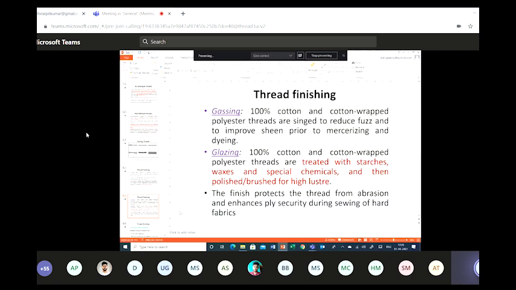So even for stitching tarpaulins, they used heavy cotton threads, and they applied some finishes against abrasion. The starch will protect the thread while sewing. Otherwise, the fabric is very hard, and while sewing, because of the abrasion between the thread and the fabric yarns, the thread may break or lose its strength.